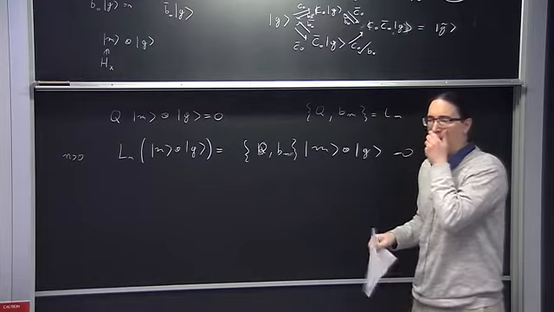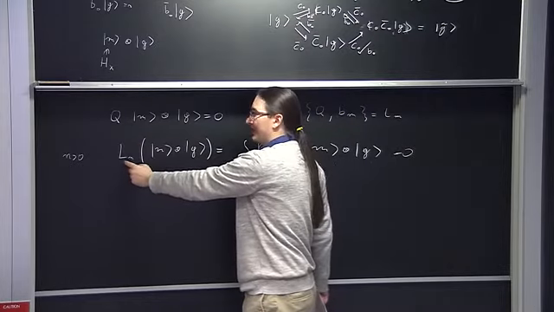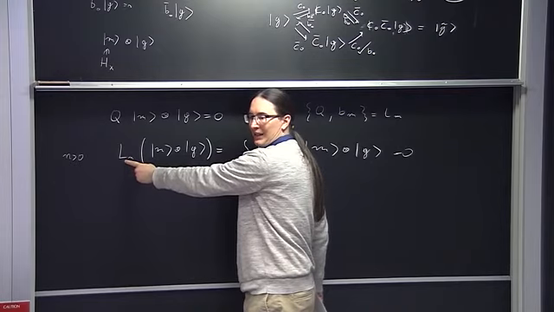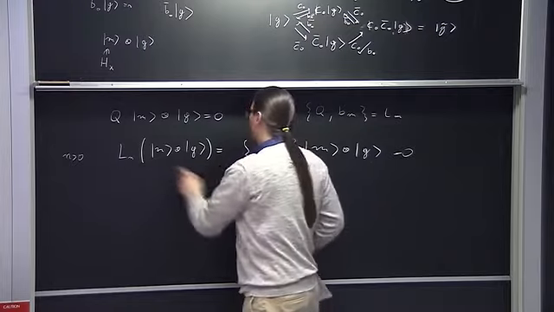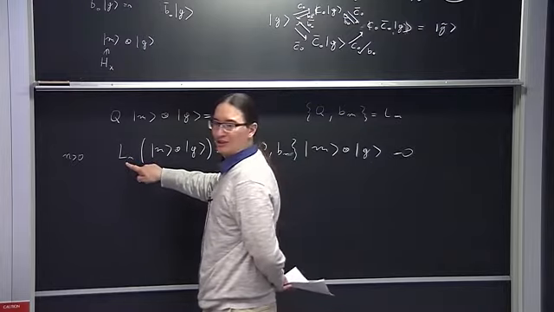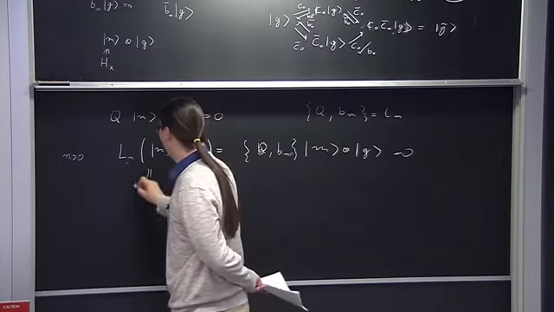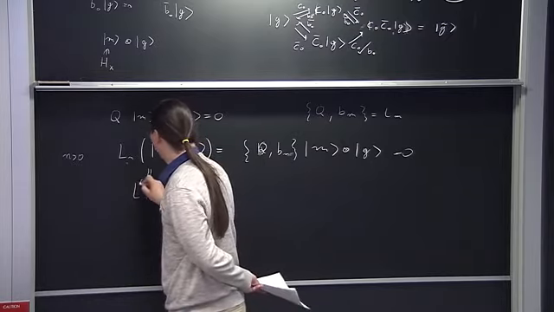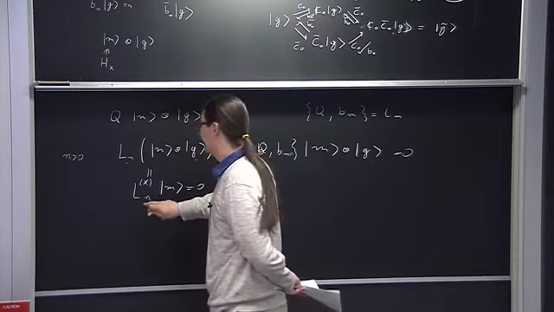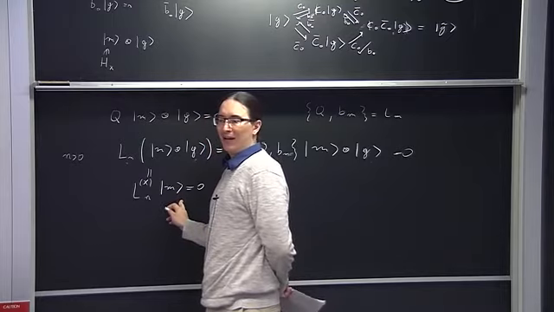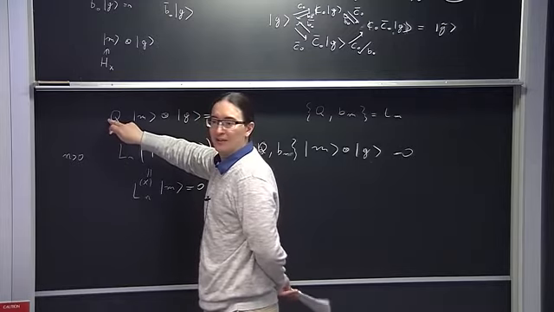So if a state like this is in the cohomology, it must be true that it's annihilated by the positive modes of L. But the positive modes of the ghosts annihilate the ground state. So this is the same as saying that Lm of the scalar fields acting on M is 0. Remember, this is one of the conditions we put by hand to discuss physical states. Here we find it as a consequence of asking for the states to be in cohomology.